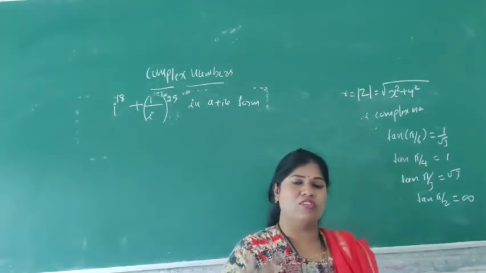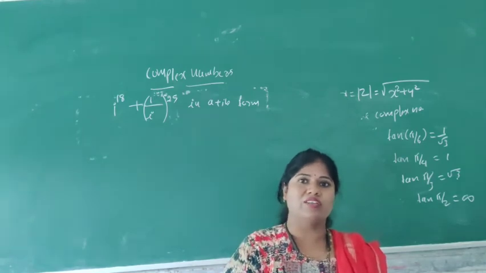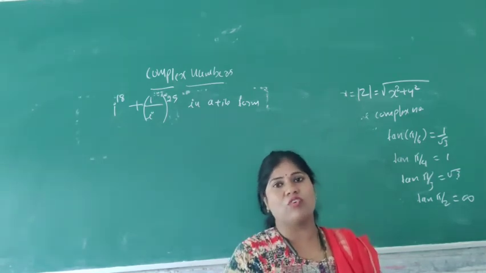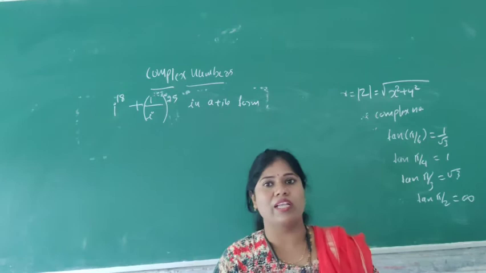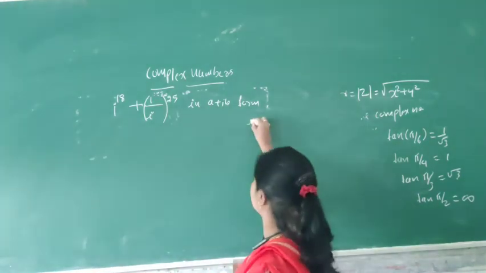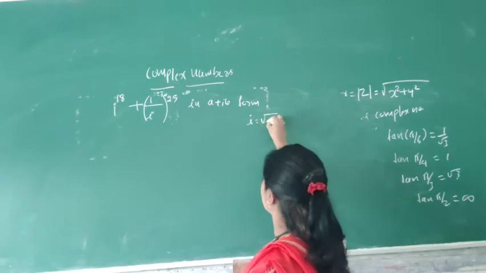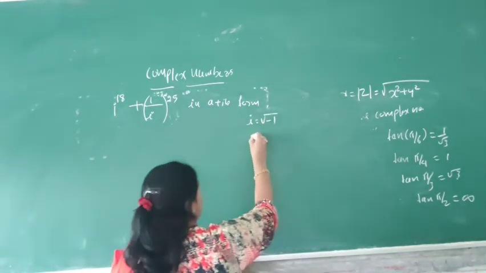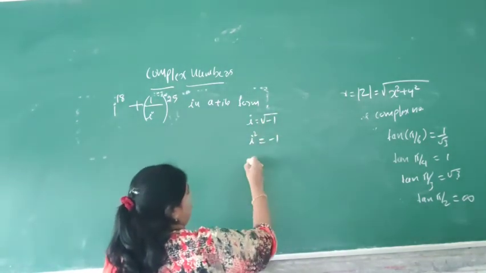I cube is equal to I square into I. I raised to 4 is I square into I square. So these are the integral powers of I. I is the square root of minus 1. I square is minus 1.